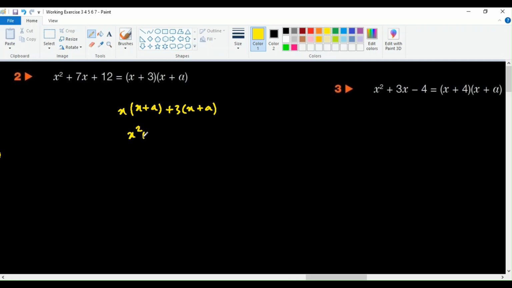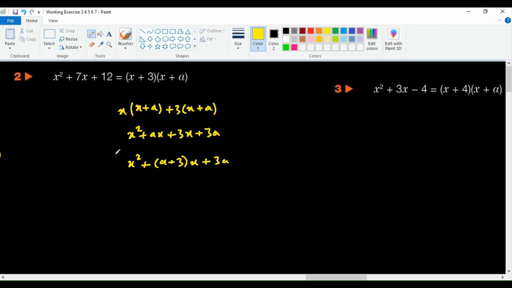So x square plus ax plus 3x plus 3a. Now x square, and in the bracket I will write a plus 3, and x is common in between them, plus 3a. So I have two different choices. I can write either way.